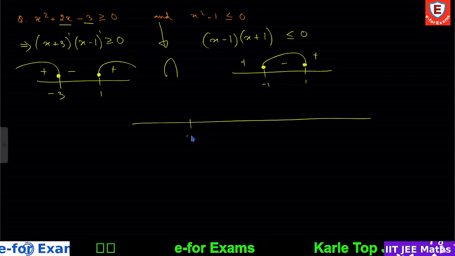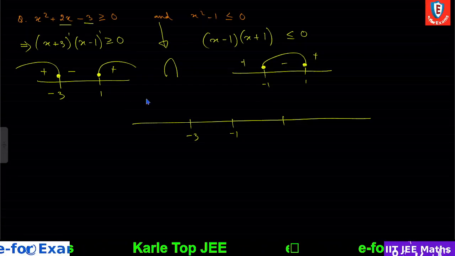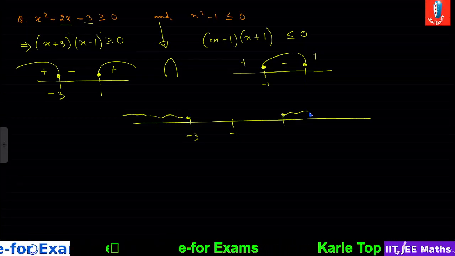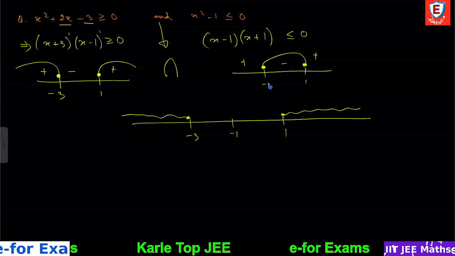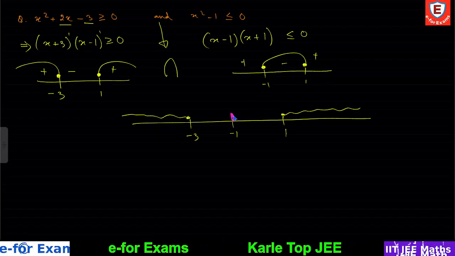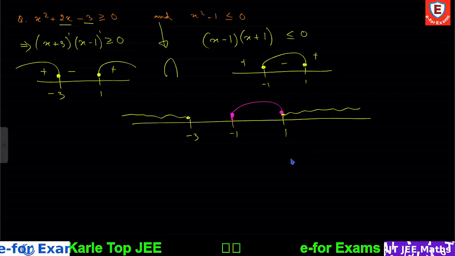Now if we combine: from the first solution, from minus 3 to minus 1, and 1 to infinity. And from the second solution, minus 1 to 1, so minus 1 is a dark circle to again a dark circle at 1. So what is the common point here?